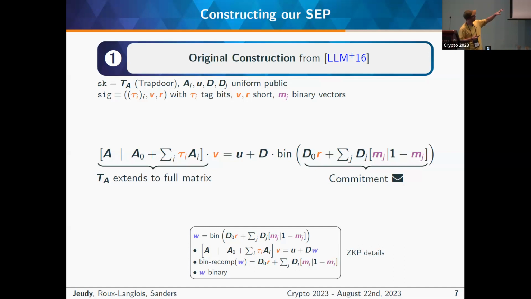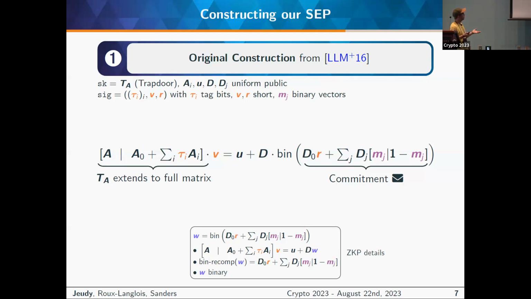And what I call M_j, 1 minus M_j on the right is the concatenation of the binary vector M_j and its binary complement. Okay, this is just going to be important in the next argument. And of course, the signer holds a trapdoor T_A, which is secret, on the first matrix A, but that can also be extended to the full matrix.